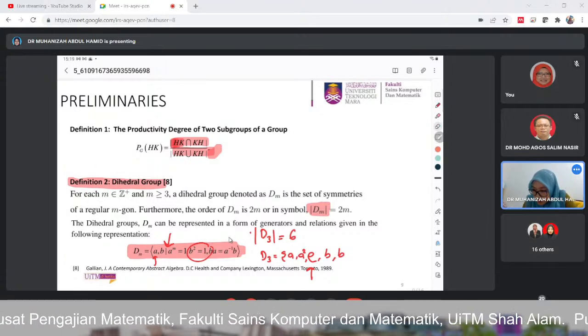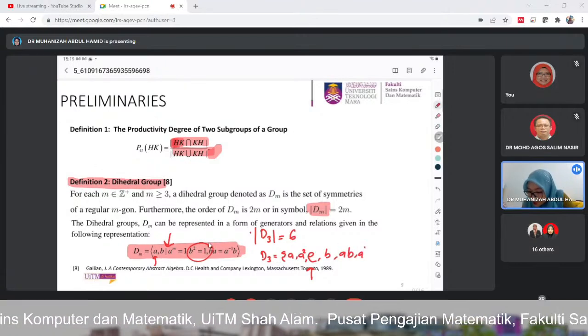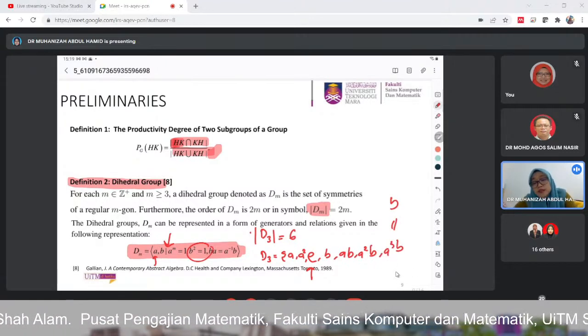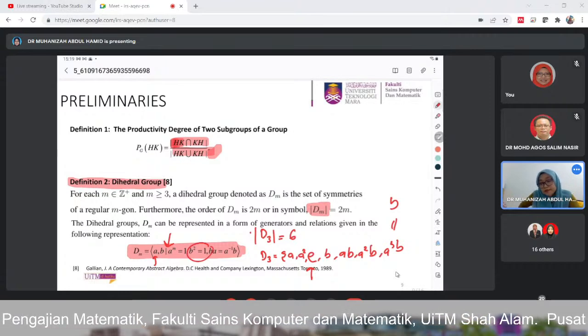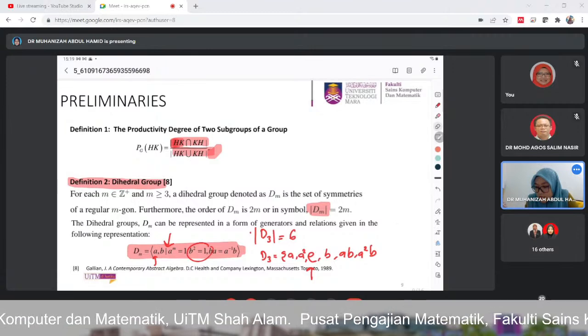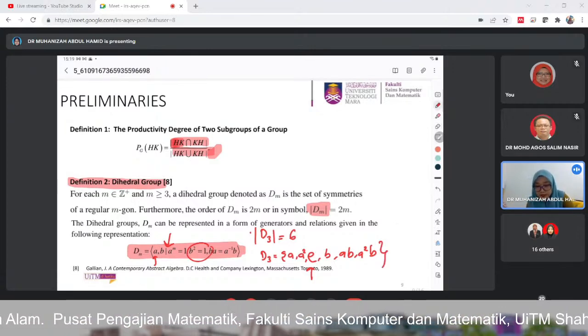So you will have b only here, and then ab, a squared b. a cubed b is equal to b because a cubed is 1, so no need to put a cubed b here because we already have b in this set. So these are all the elements of the dihedral group of order 6.